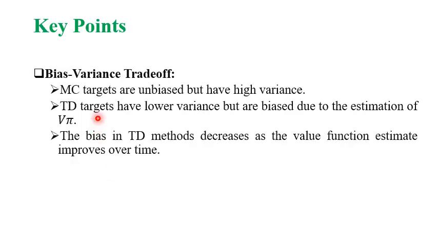Key point: Monte Carlo targets are unbiased as discussed, but they have a high variance. TD targets have lower variance in comparison to Monte Carlo, but they are biased due to the estimation of the value function. The bias in TD method decreases as the value function estimate improves over time.